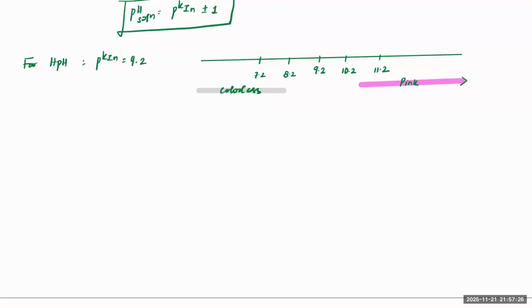So in this range, let me write down that part here. So from here to here, it is like a mix of these two colors. So that will be light pink.